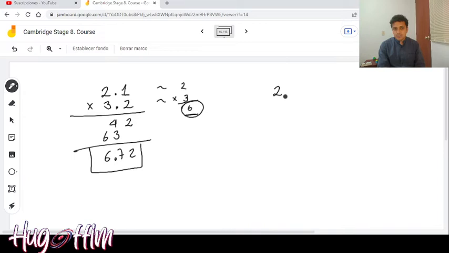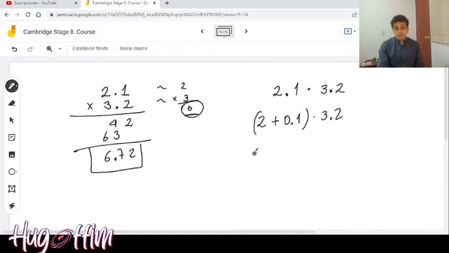Another idea to multiply the decimal, or a good strategy, is to change your decimal by the addition of two numbers, the integer plus the decimal part. So I'm going to multiply times 3.2, and I just need to multiply 2 times 3.2.